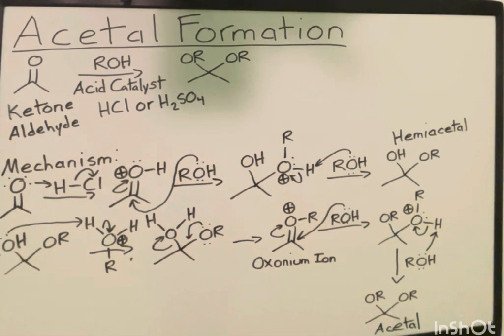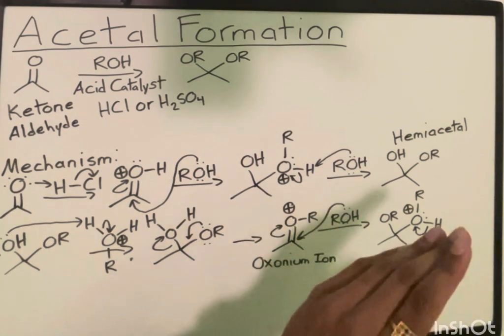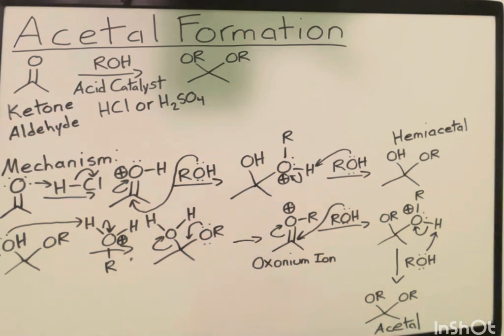So that is the complete mechanism and reaction for acetal formation. It is a series of protonations and deprotonations, and as long as you can stay on track with your benchmarks like your hemiacetal, your oxonium ion, and ending with the correct product, it's really simple from there.